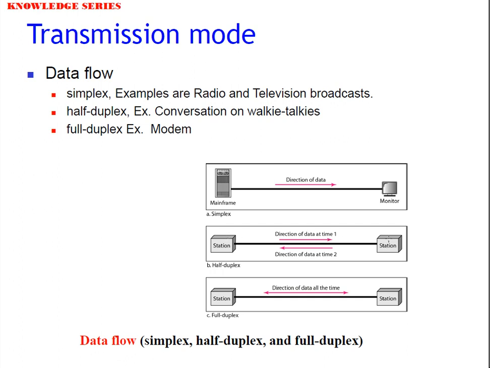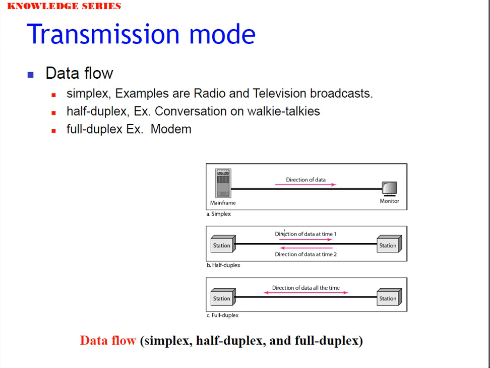When this one is sending, the other is patiently waiting and listening. After that, when the other is sending, this one will be patiently waiting for that information. So this is two-way communication, but this one sends data at a time t1, then the other sends data at a time t2. For example, a walkie-talkie or internet searching uses this form of communication.